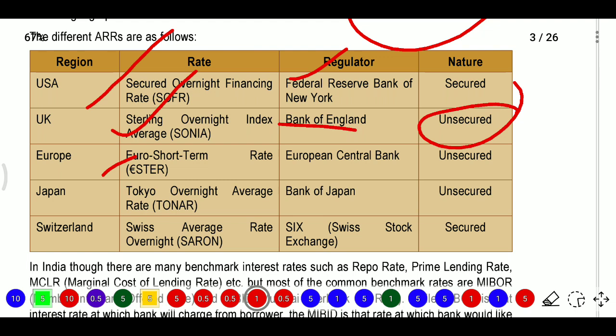Then the Tokyo Overnight Average Rate, TONAR, from the Bank of Japan, which is unsecured. And in Switzerland, the Swiss Average Rate Overnight, regulated by SIX, the Swiss stock exchange, and the nature is secured.